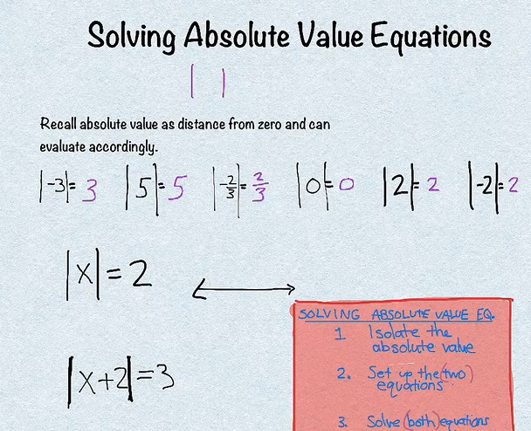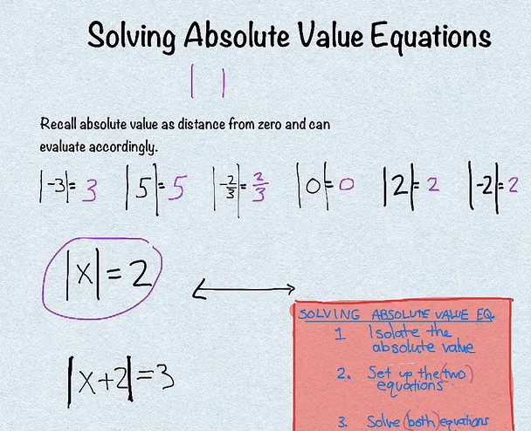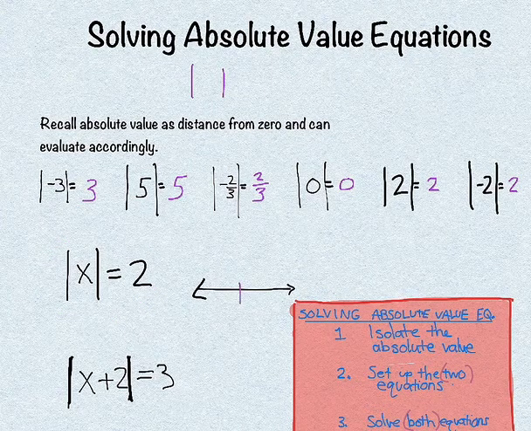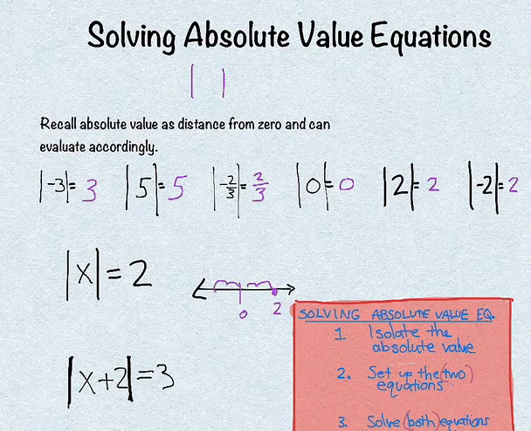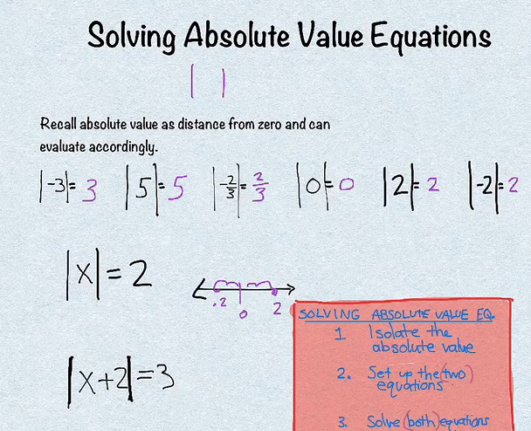So this equation is basically saying we are traveling 2 spaces from 0. Now, if you were going to travel 2 spaces from 0, you would end up at +2. You would also end up at -2. Visually speaking, that's where we are. Now, if we use some algebraic reasoning, we just said the absolute value of what is 2.